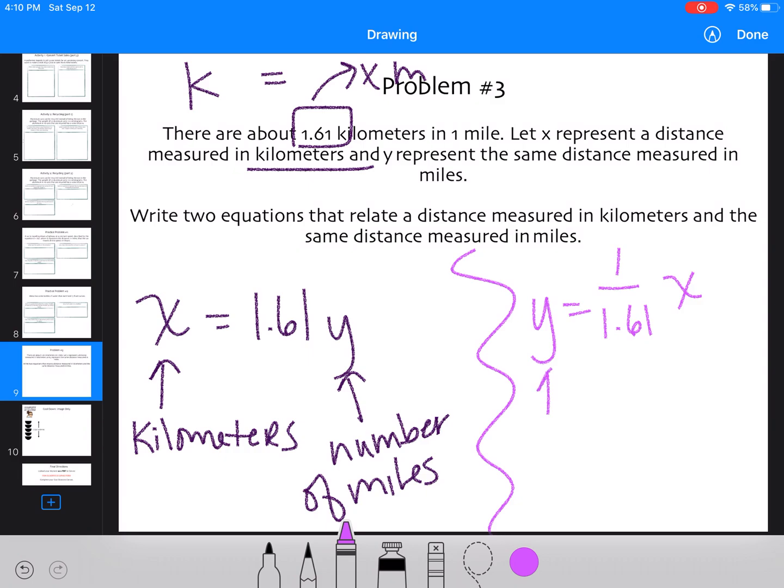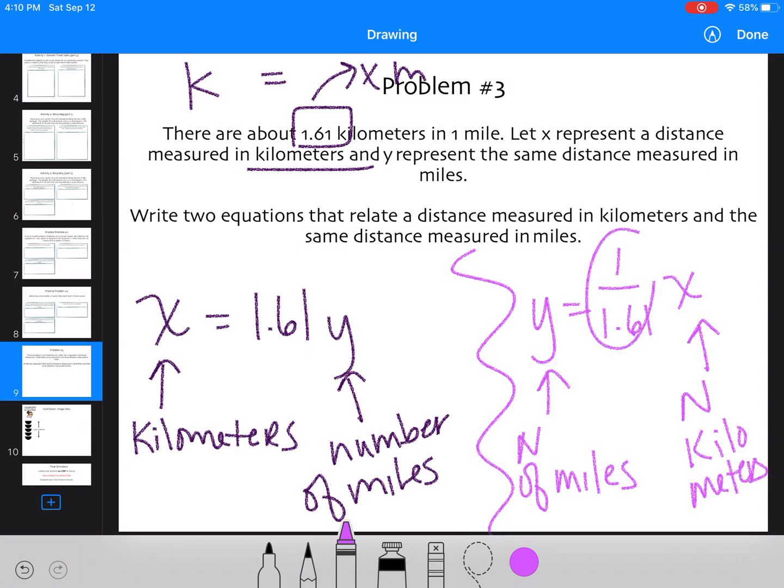So where this one is the number of miles. And that is the number of kilometers. So all I did was use the reciprocal of the constant of proportionality.